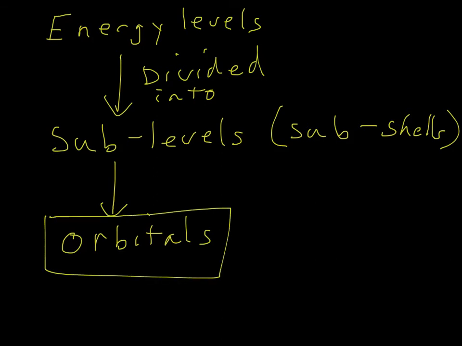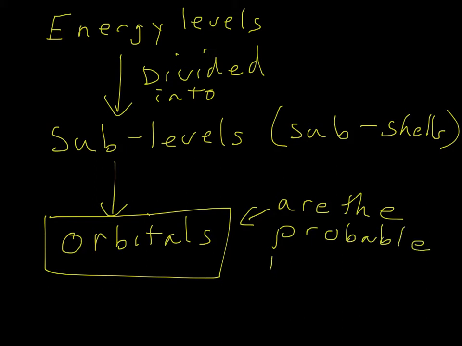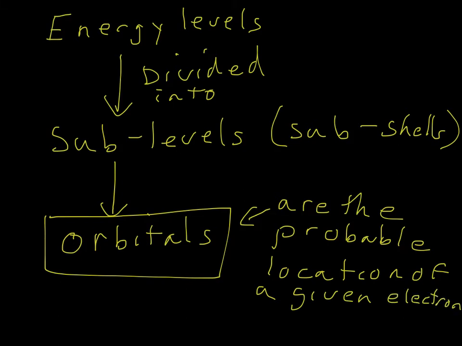These orbitals are the probable location of a given electron. Before we talk about sublevels, we actually want to skip through those sublevels and talk really quickly about the orbitals. I know that sounds like putting the cart before the horse.